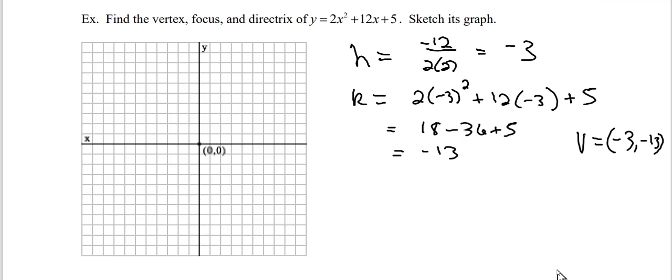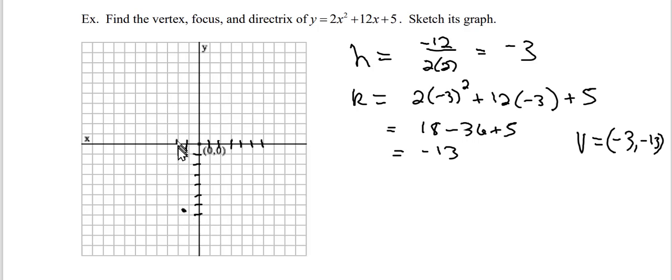To graph this, because of that -13, I think I'm going to go by 2's here. 2, 4, 6, 8, 10, 12, and so on. 6, 8, 10, 12, 14. So (-3, -13) would actually be right in the middle of that box, right?